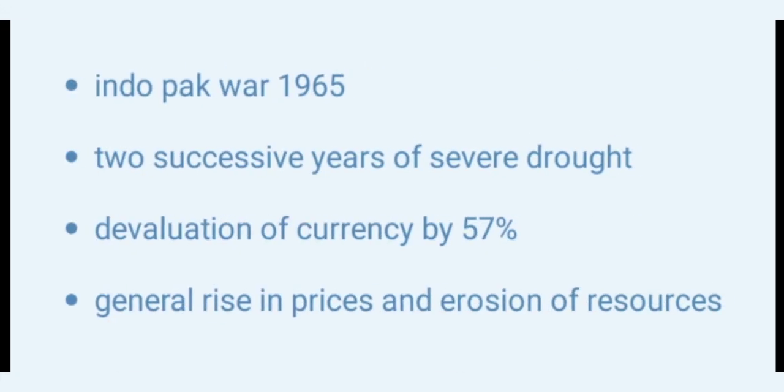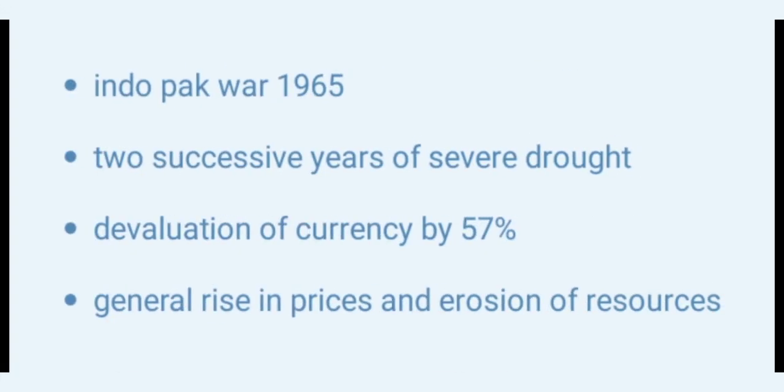This plan failed due to the Indo-Pak War of 1965, 2 successive years of severe drought, devaluation of currency by 57%, general rise in prices and erosion of resources.